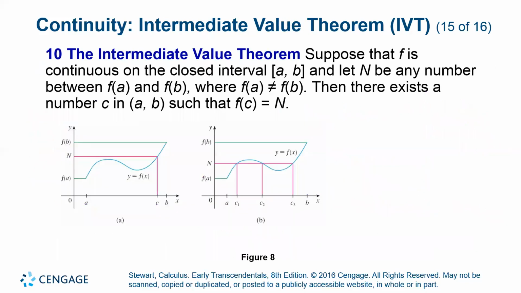And finally, we have our intermediate value theorem. Let me give you a quick background here. You remember your calculator, sometimes they give you a function and ask you to find the root or the solution to this function.